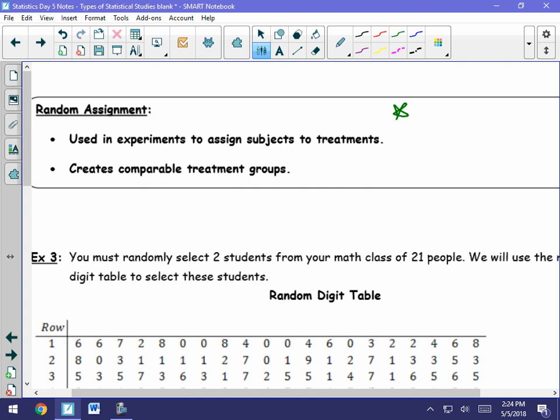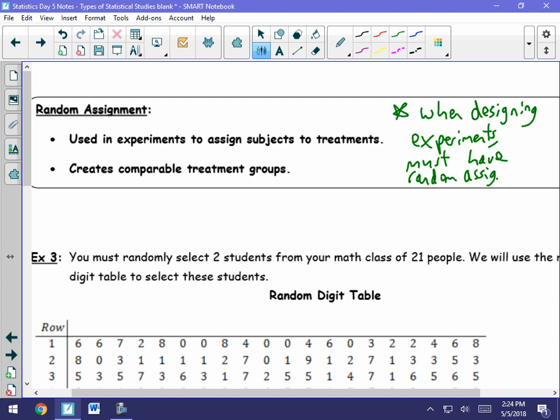The biggest thing to know about random assignment is that when designing experiments, you must have random assignment. Random assignment must be involved in how you set up your experiment for it to be considered a good experiment with conclusions that can actually be used.